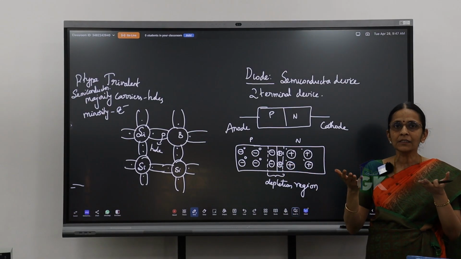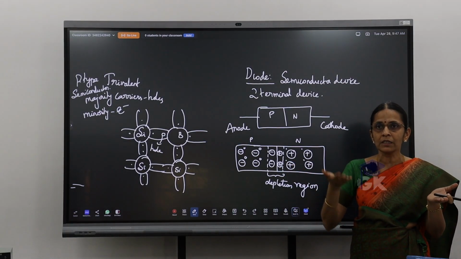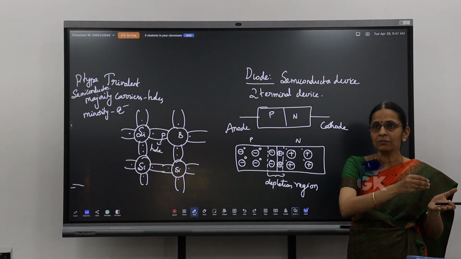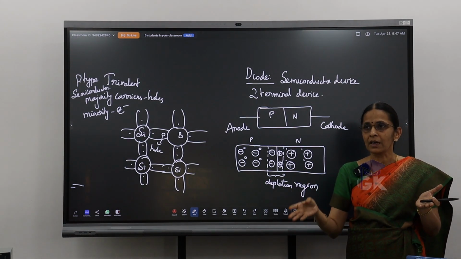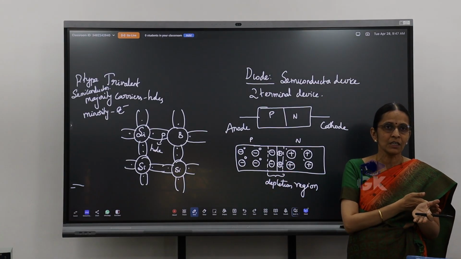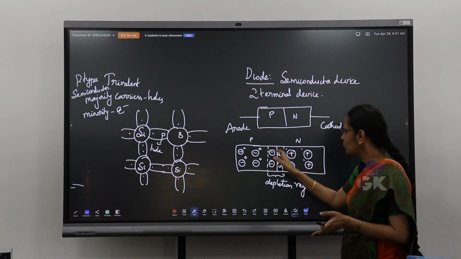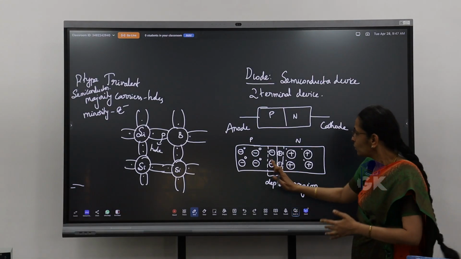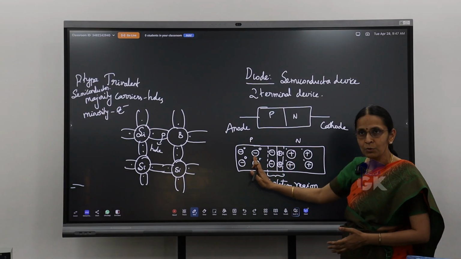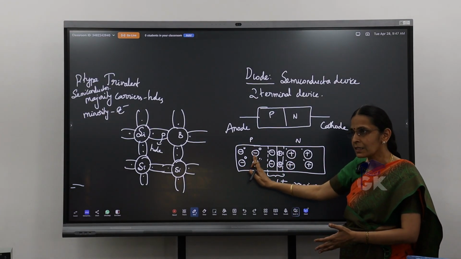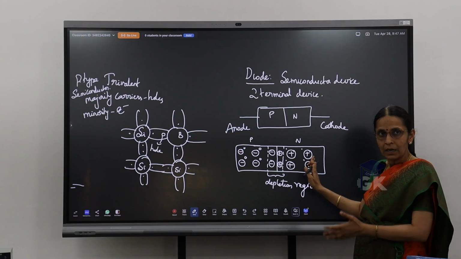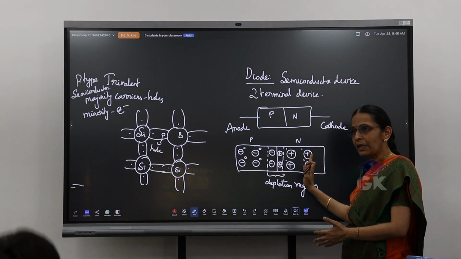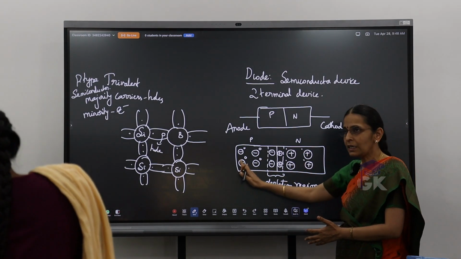So there is a charge imbalance, more positive charges on one side and more negative charges on the other. Positive will try to move towards the negative side, and the negative tries to move towards the positive side. Because of that, you have something created in between, which we call the depletion region. So a hole is moving from the P side to the N side, and an electron from the N side is moving towards the P side.